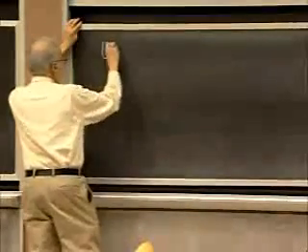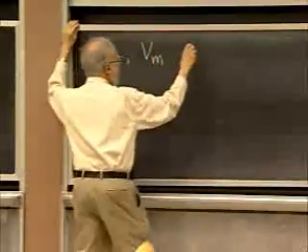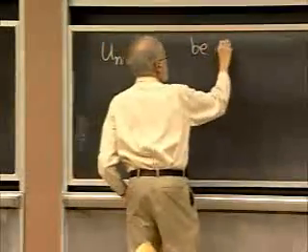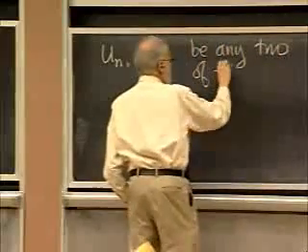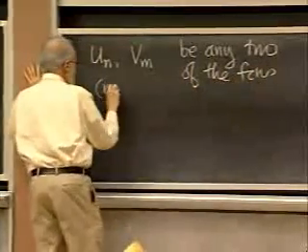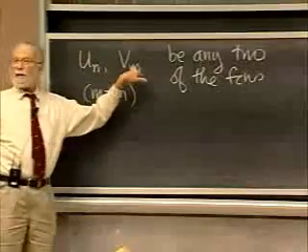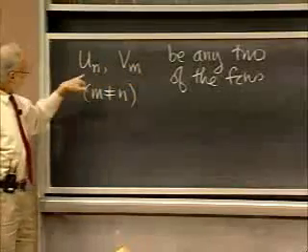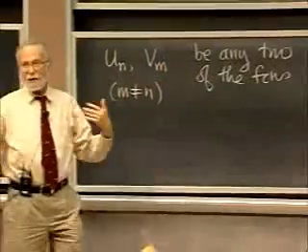Well, I need some notation. So I'm going to let u_n and v_m be any two of the functions. In other words, I'll assume that m is different from n. For example, this one could be sine nt, and that could be sine of mt. Or this could be sine nt, and that could be cosine of mt. You get the idea.